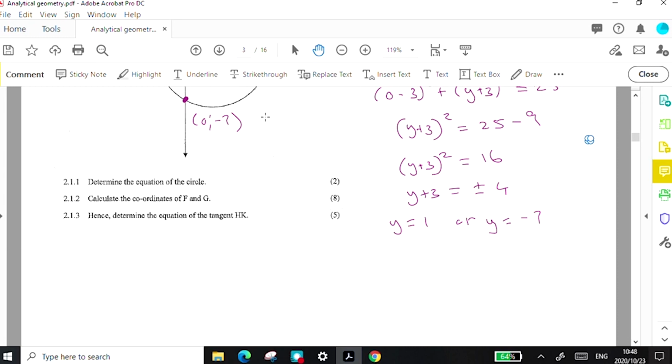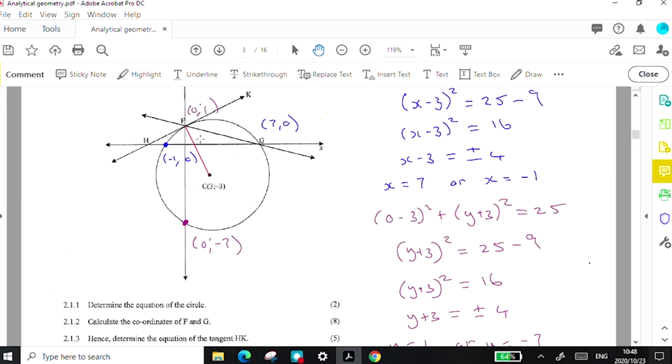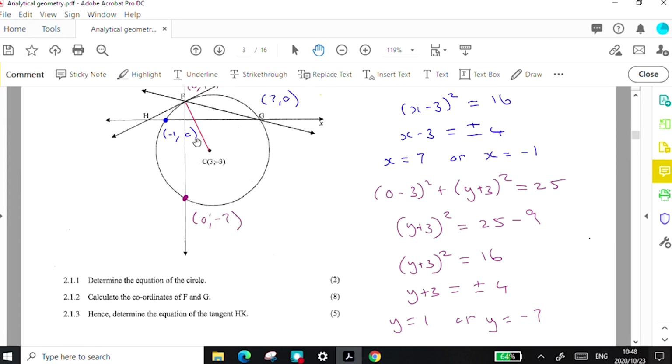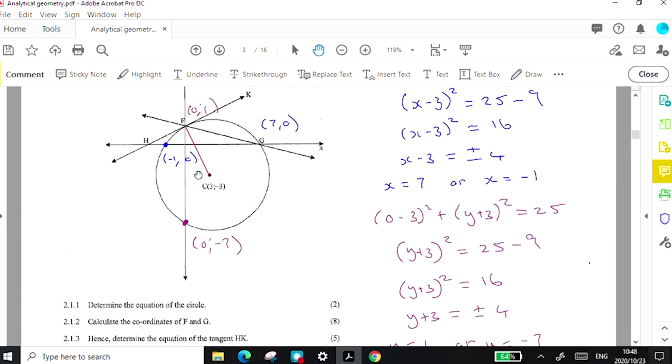The gradient of FC is equal to change in y divided by change in x.